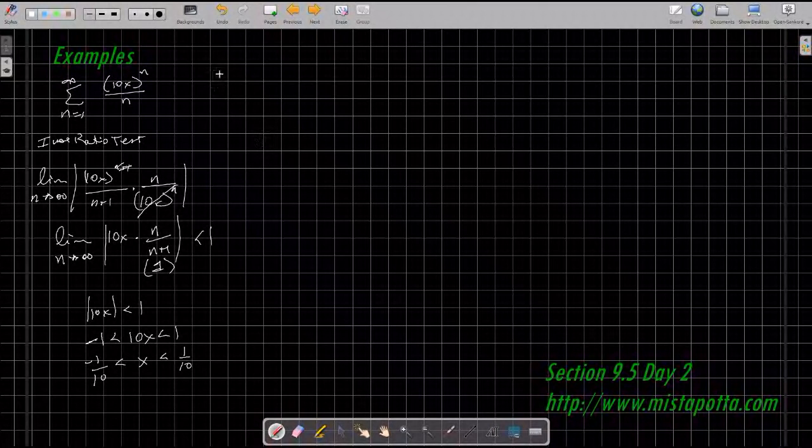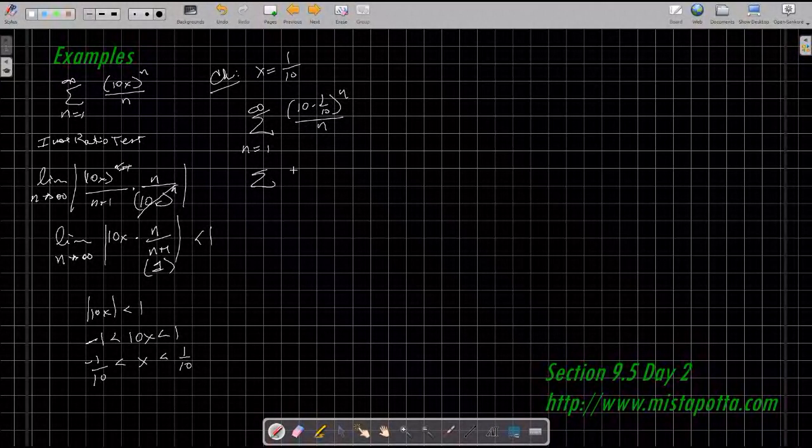But now I need to check the endpoint. So I need to check what happens at x equals 1/10. So this series becomes the series as n equals 1 to infinity of 10 times 1/10 to the n over n.